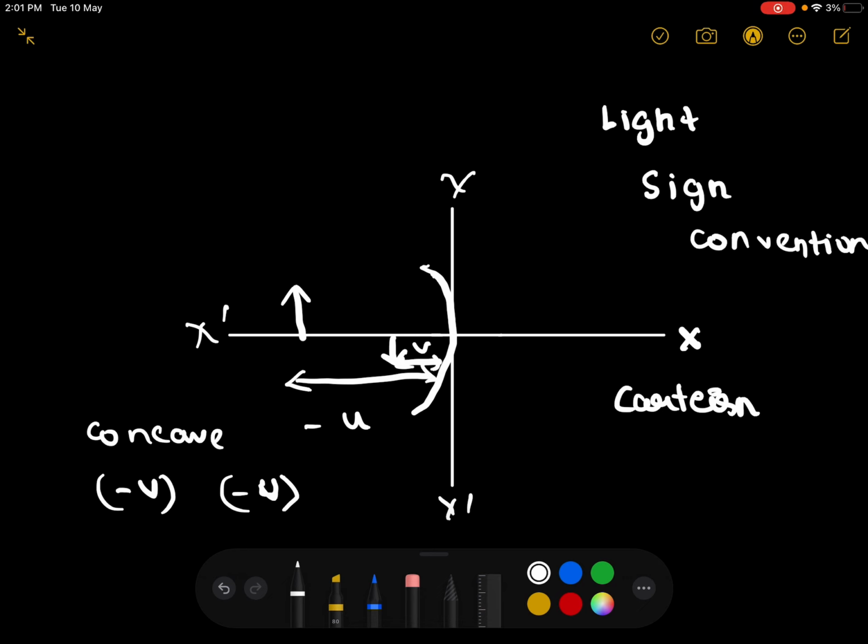And we know the focal length and the center of curvature. Here the focal length also lies on the negative side, because towards the left the whole thing is negative, towards the right side it's positive, towards the upward side is positive, and towards the downward side is negative. So we should remember this always. And the focal length is negative.